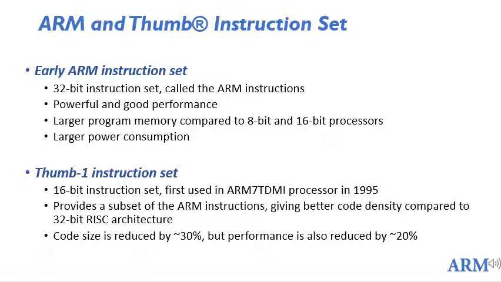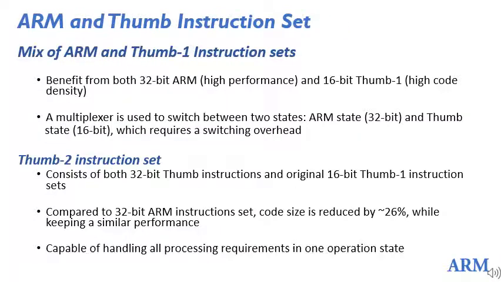So that is what we call good code density, right? Better code density compared to 32-bit architecture. Because of this, the code size was reduced by nearly 30%, but the performance of the processor was also reduced by 20%. This was not something that is acceptable.